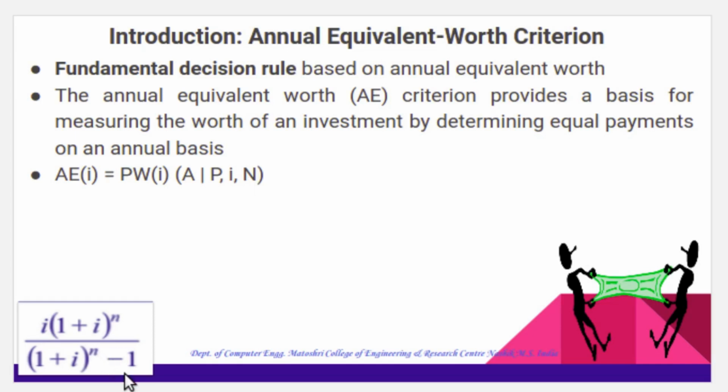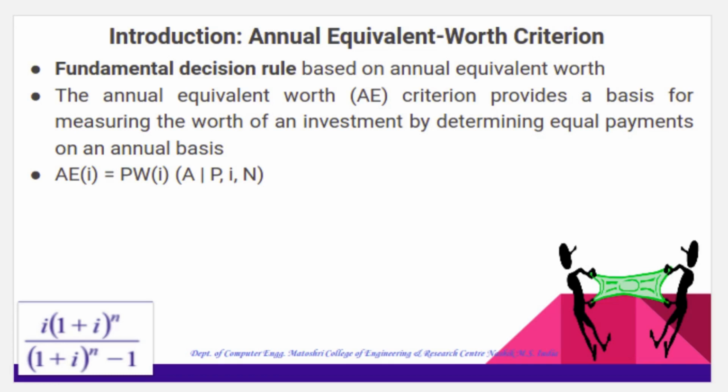A given P value can be calculated by using the formula shown here. Simply by putting the value of interest rate i and the lifespan N in this formula, we can easily calculate A given P. So this is the equation for annual worth calculation.